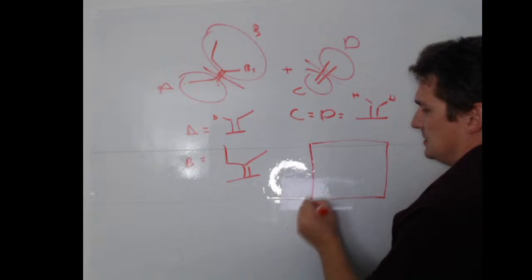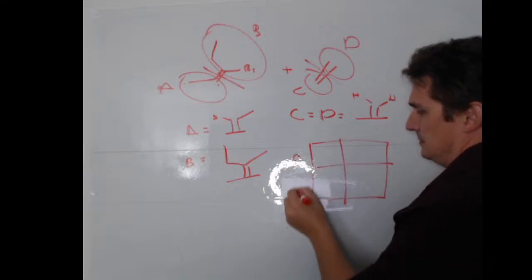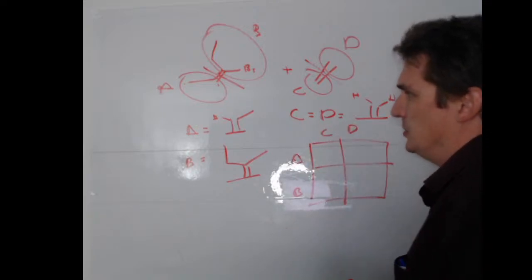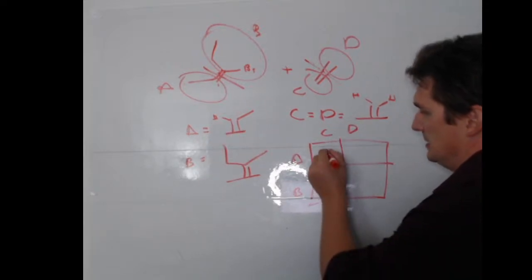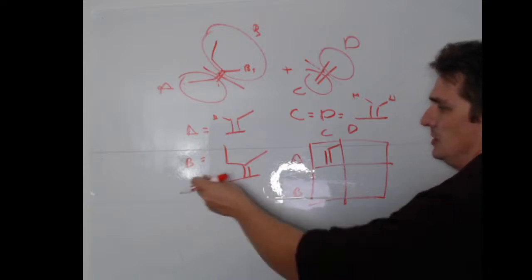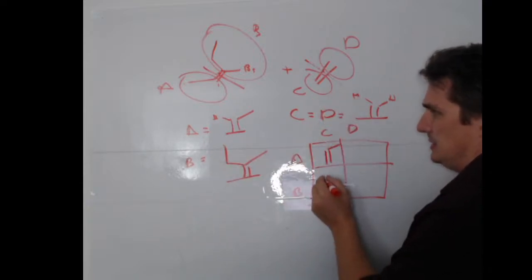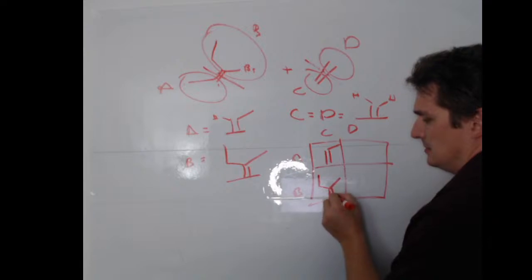So now you build your Punnett square. We stick A to C and we get propylene. We stick B to C and we get this compound.